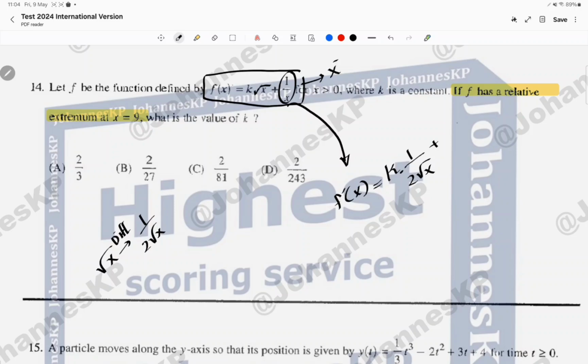So take it up, x to the minus 1. And now differentiate. So you bring the minus 1 down and subtract 1, so minus 2. And now we can equalize our f prime to 0. k over 2 root x minus 1 over x squared.